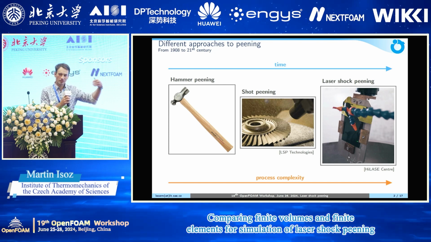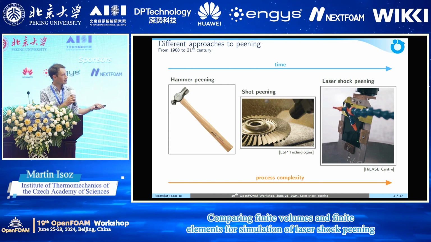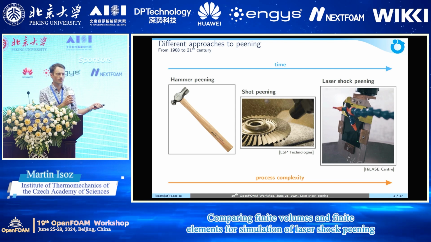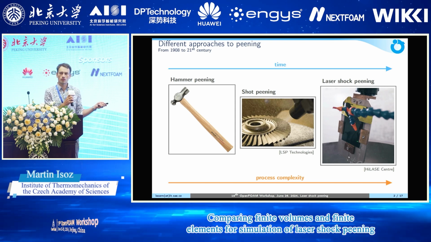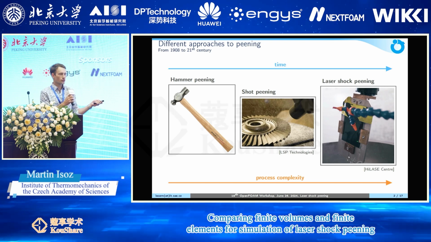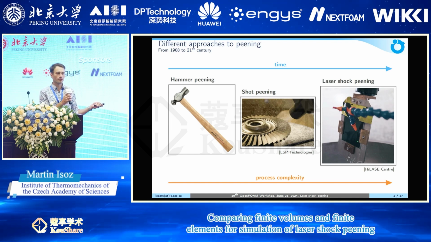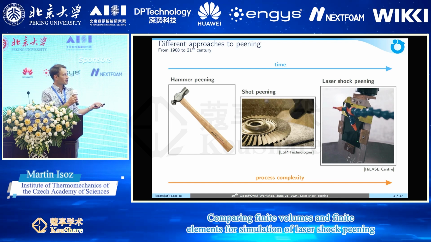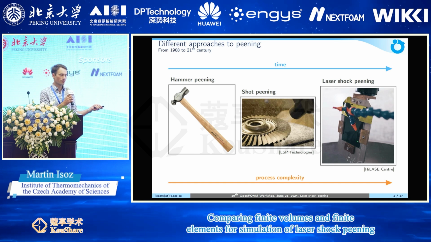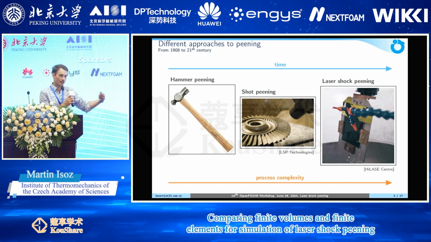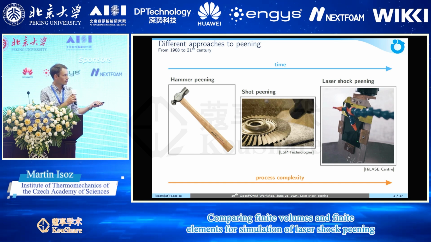Then technology improved, and I think in the 1960s or 70s something called shot peening appeared. You did not hit the surface with a hammer, you hit it with a shotgun, basically, with a large amount of very hard balls, which generated the compression close to the surface.